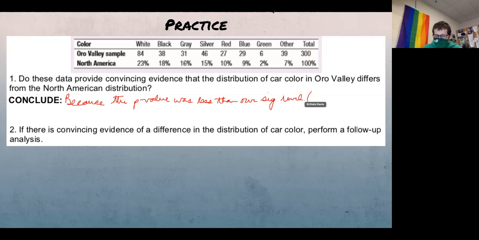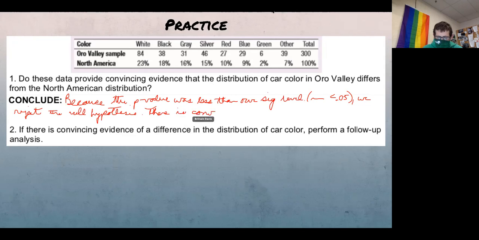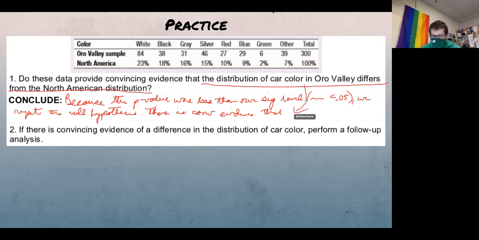So blah, blah, blah is less than 0.05. We reject the null hypothesis. There is convincing evidence that, well, that what? The distribution of car color in Oro Valley differs from the North American distribution. So this, I would just copy and paste right there. I'm not going to write it out, just to save on time.